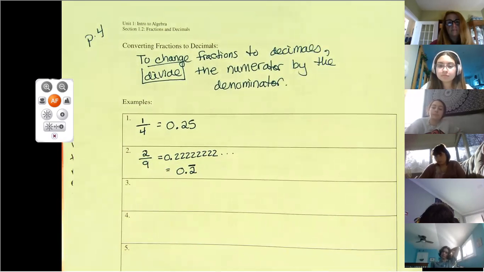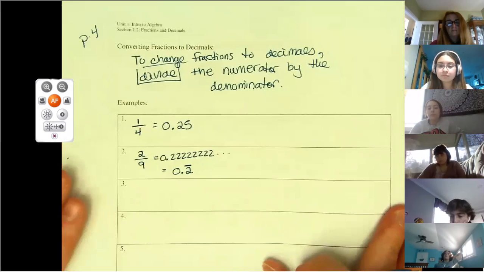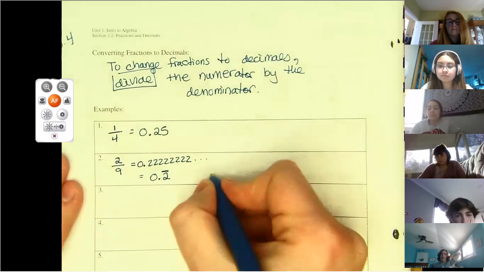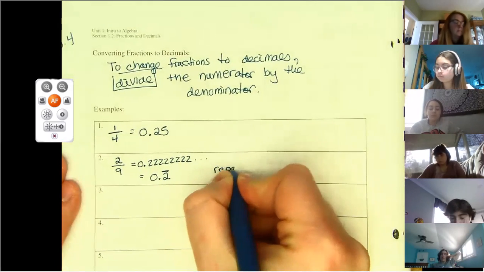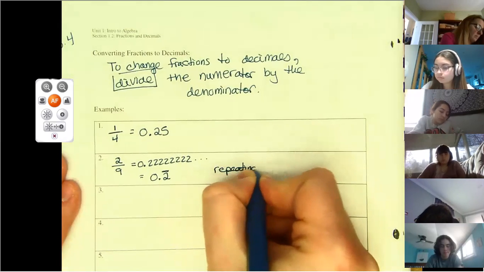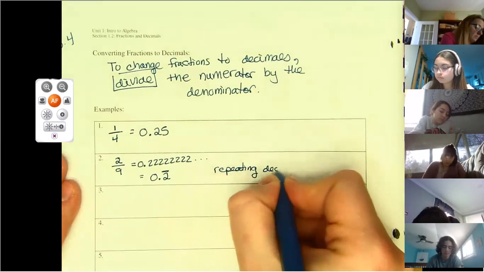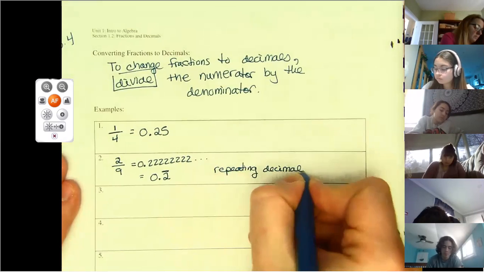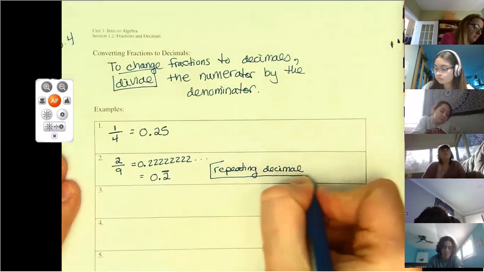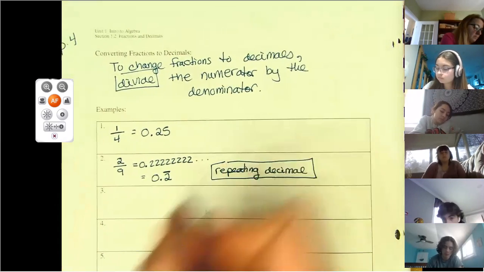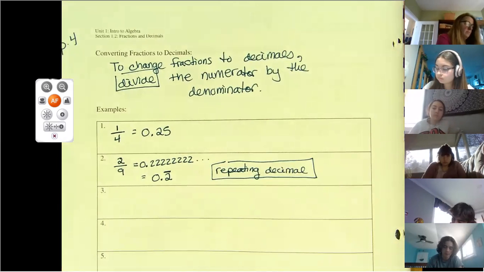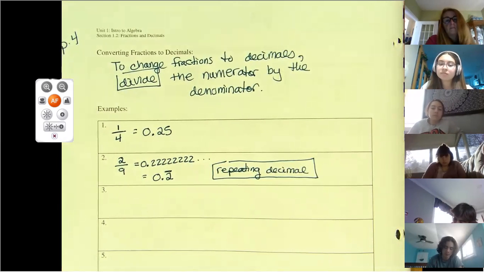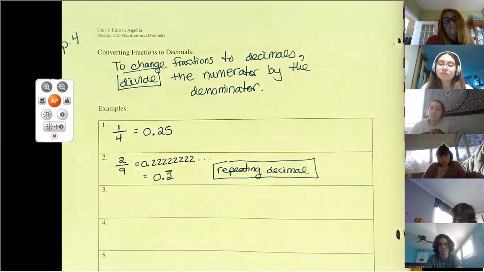Which brings me to 2 different types of decimals that we have. I would call the decimal we have in number 2 a repeating decimal, because that 2 repeats. It goes on forever. It is a repeating decimal. As opposed to what I have in number 1 that just stops.